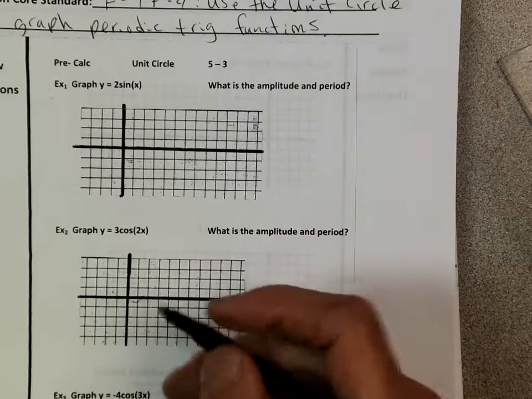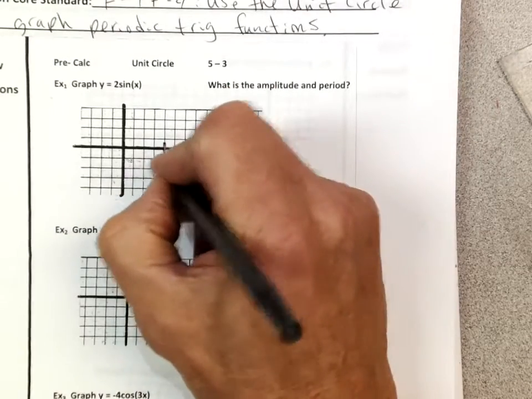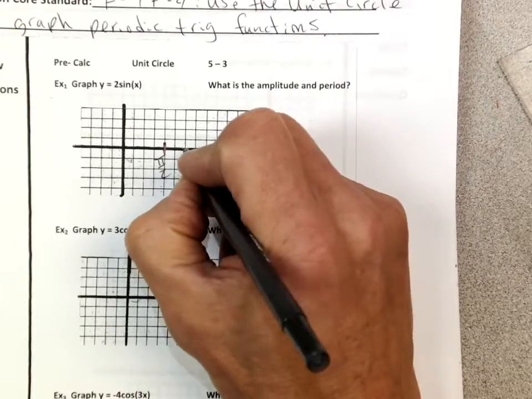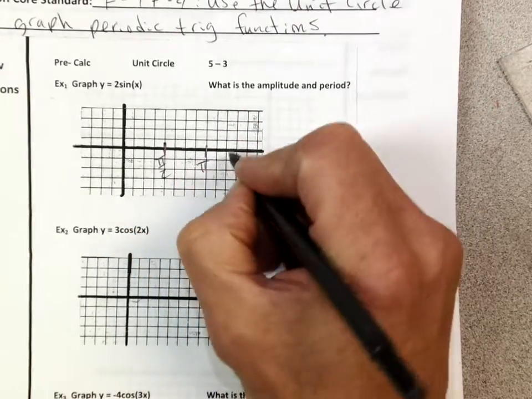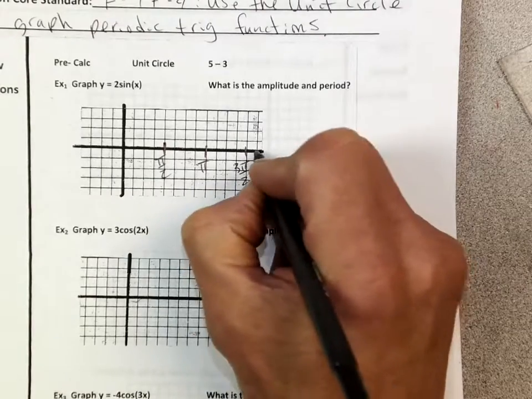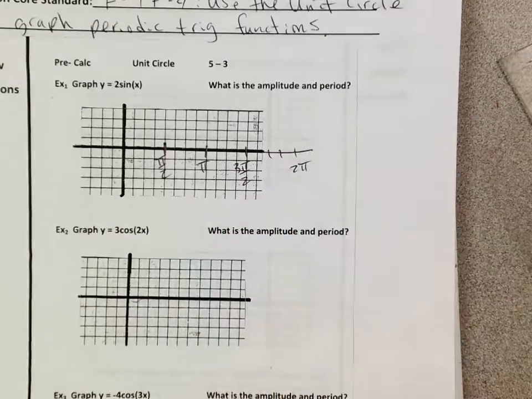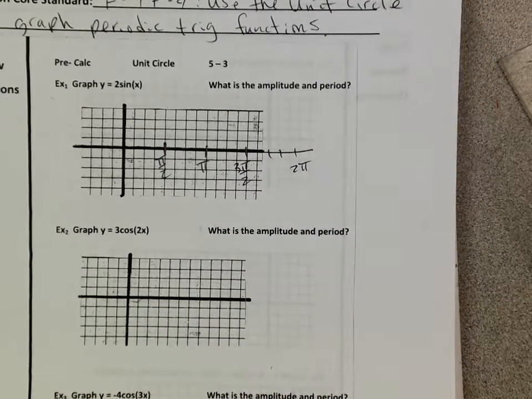When I do these, I like to go every 4 squares, pi halves. Every 4 squares, 1, 2, 3, 4. Pi, 1, 2, 3, 4. There's 3 pi halves, 1, 2, 3, 4, and make it 2 pi. Try and go every 4 squares, and there'll be a reason for that later on when we start to squish them and stretch them.